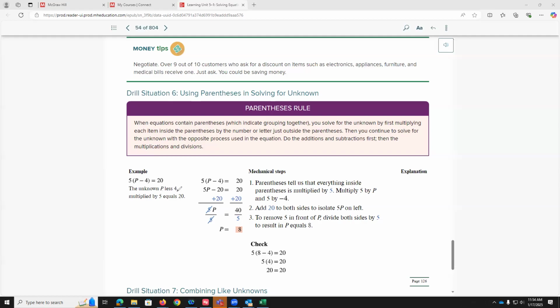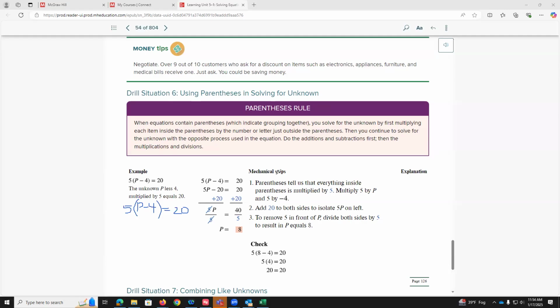So p less or minus 4 multiplied by 5 equals 20. So I would write that down as (p - 4), and then all of that multiplied by 5 equals 20. Okay, so I've taken that sentence and I've broken it down into numbers and letters.